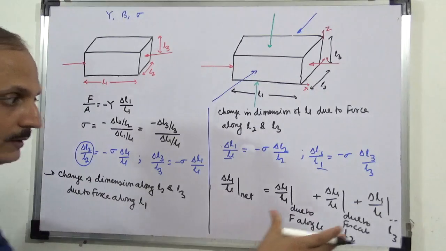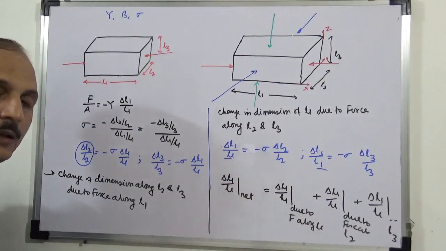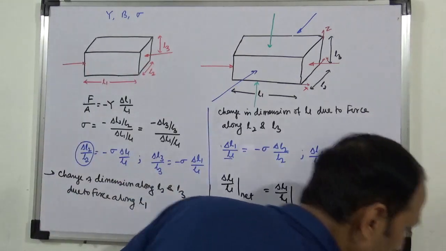Just see. So all these changes together are going to give you the net change in L1. Getting this? So please write. So write this, I am removing it from here, okay?